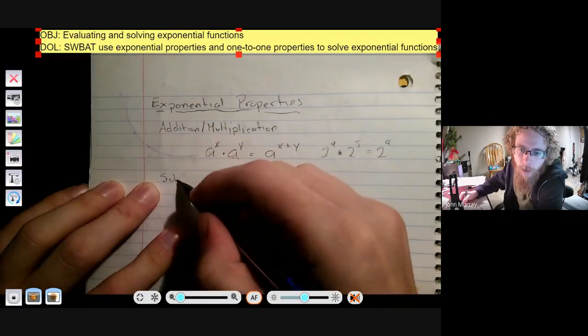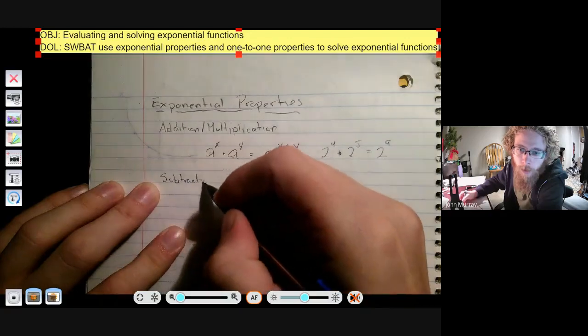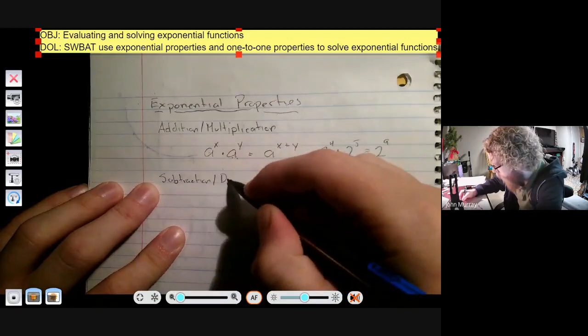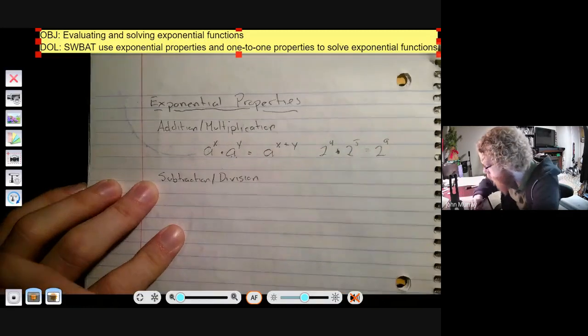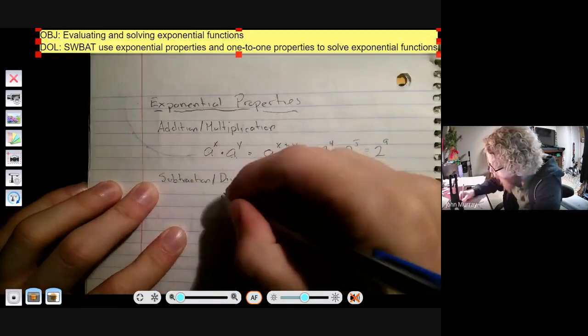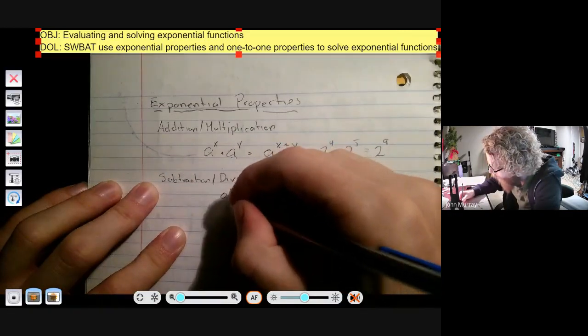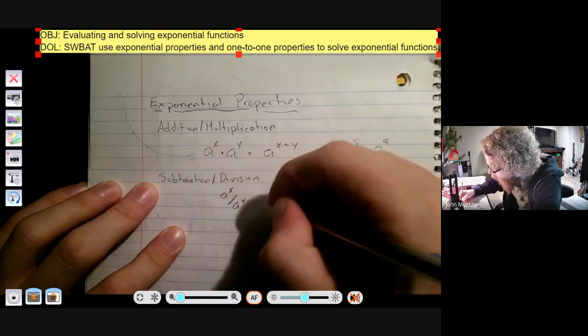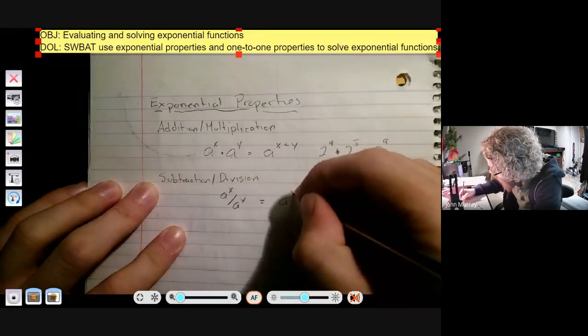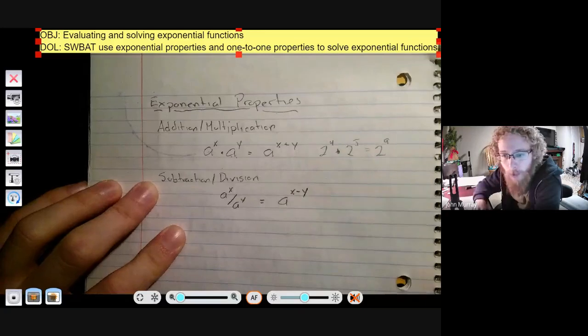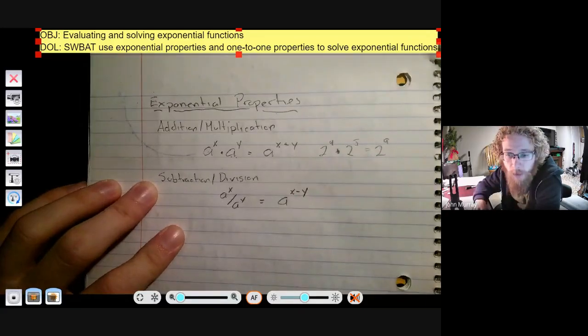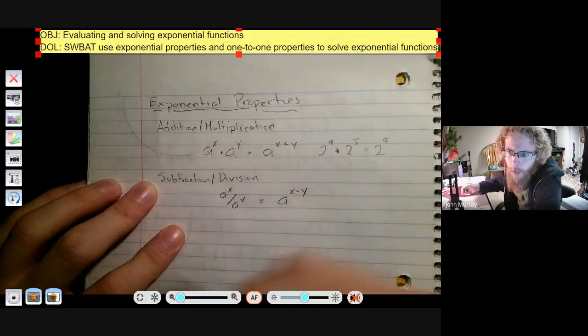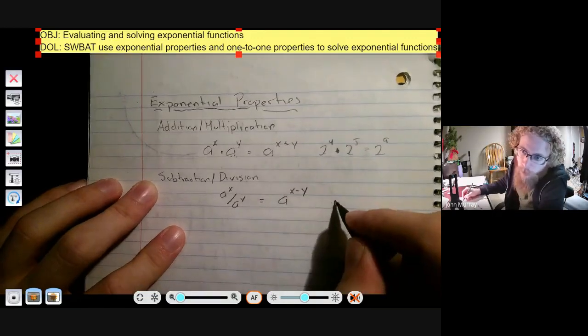Then we had subtraction and division. So if you had a to the x over a to the y, we subtract our exponents, x minus y, right? And we've done it before.